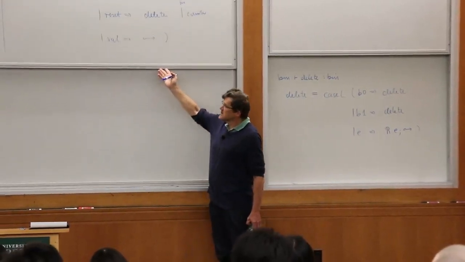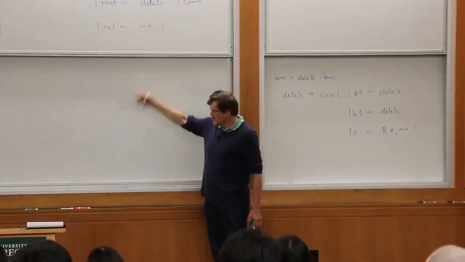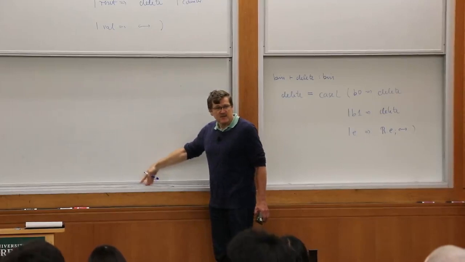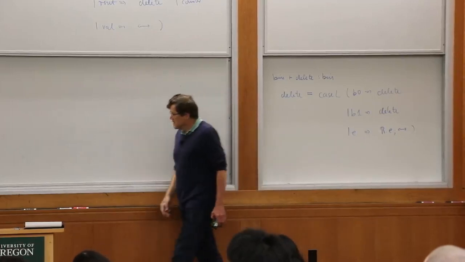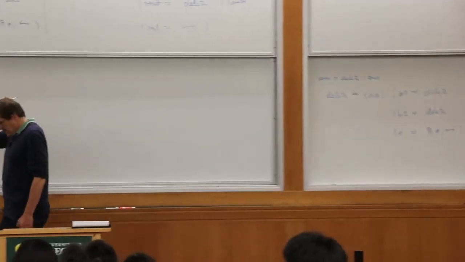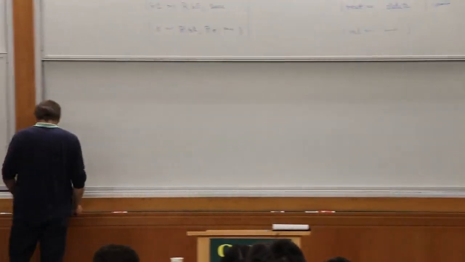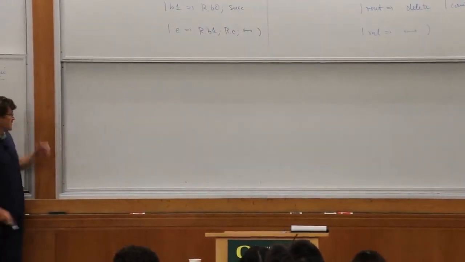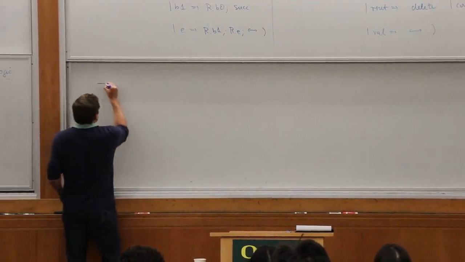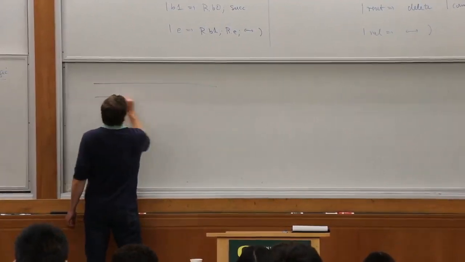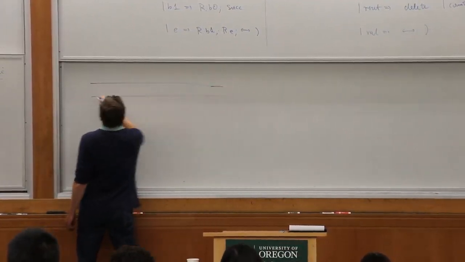It's actually interesting to see that in this very simple language, you already have the expressive power of Turing machines. All right, so how are we going to do this? A Turing machine has a tape, which is two-way infinite.